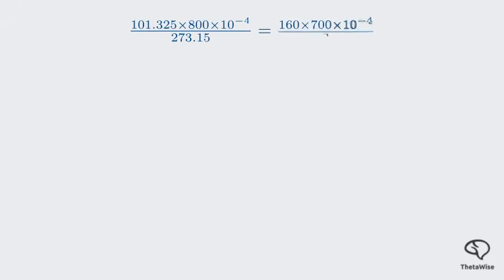Let's simplify the equation. First, let's calculate the left side of the equation. 101,325 times 0.08, all divided by 273.15, gives us approximately 0.02967. The right side is 160 times 0.07 divided by T2. Now we can solve for T2 by cross-multiplication.